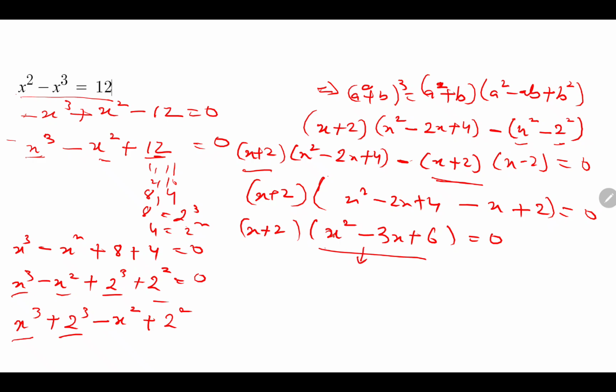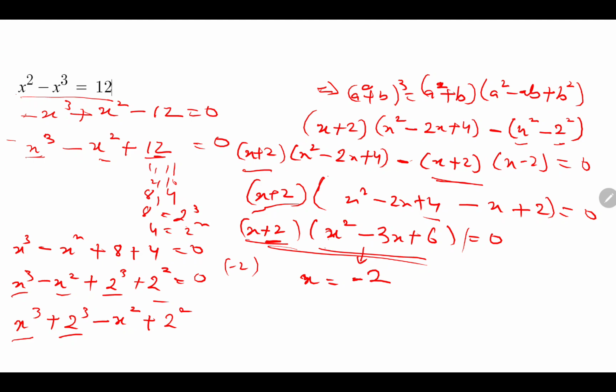This quadratic cannot be broken into factors, and its zeros will not be real numbers; it would be something like complex numbers. But here we can see x plus 2. If I make x equal to minus 2, the whole equation will become 0. So x equals minus 2 is the solution, or the zero of this cubic polynomial.